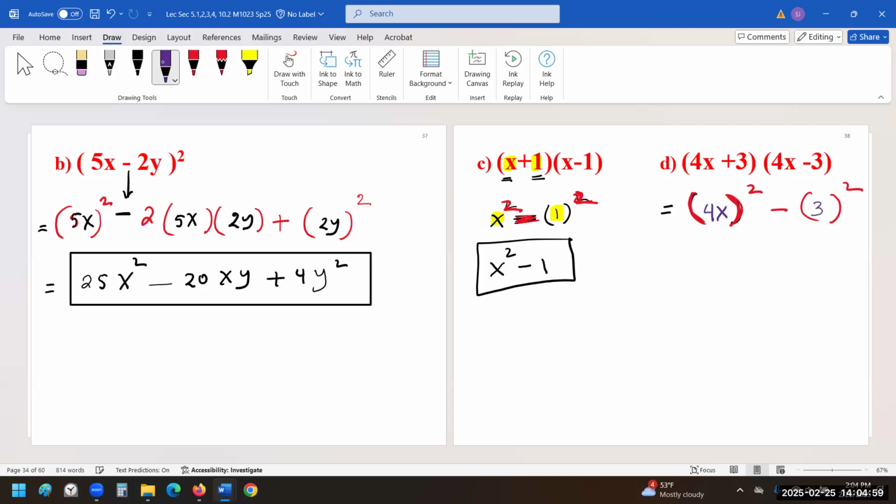And the second square? Only 3. It doesn't have any x, right? Only 3. And now use your exponent rules. 16x squared and minus 9. That's it.